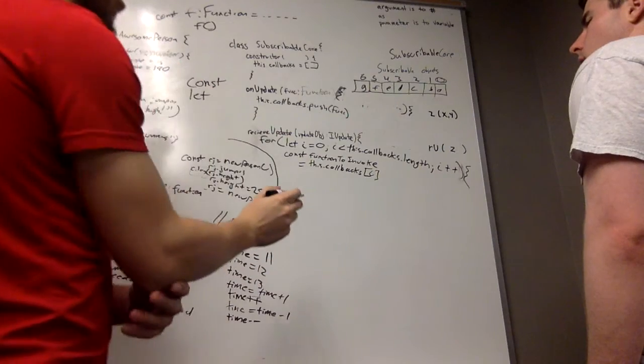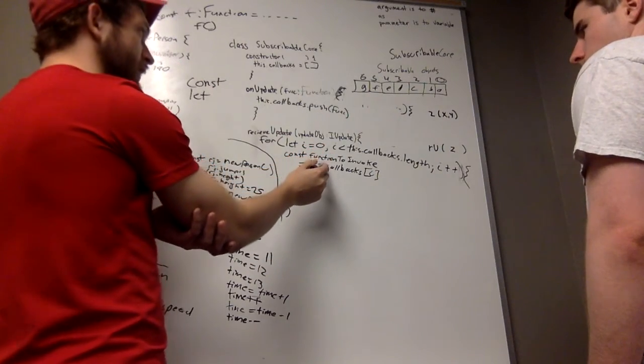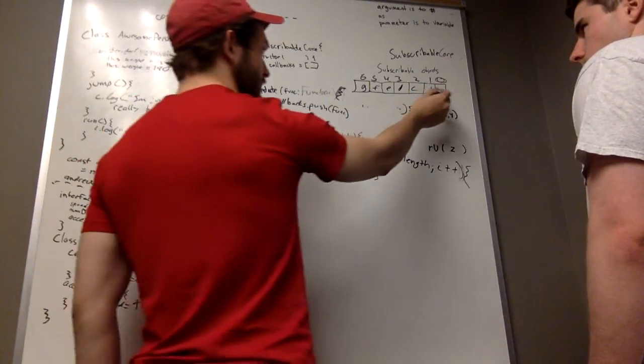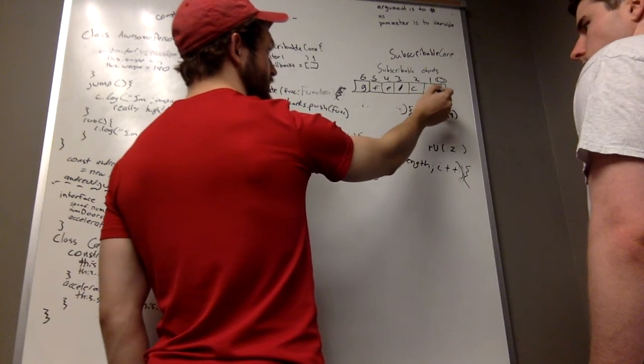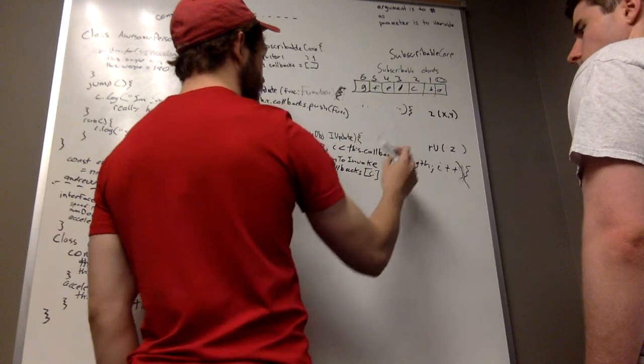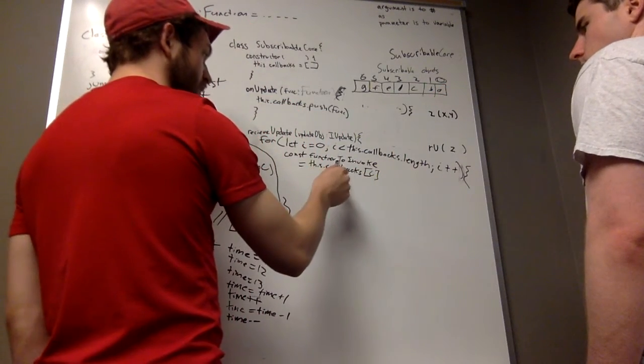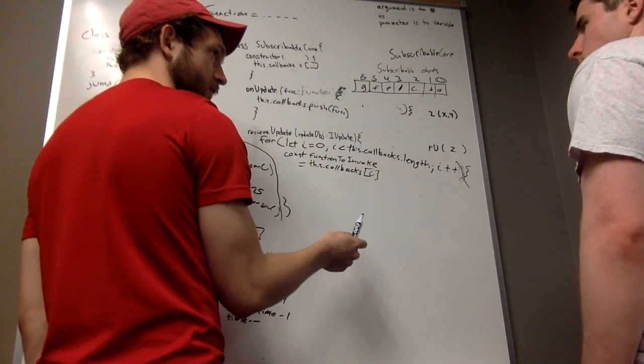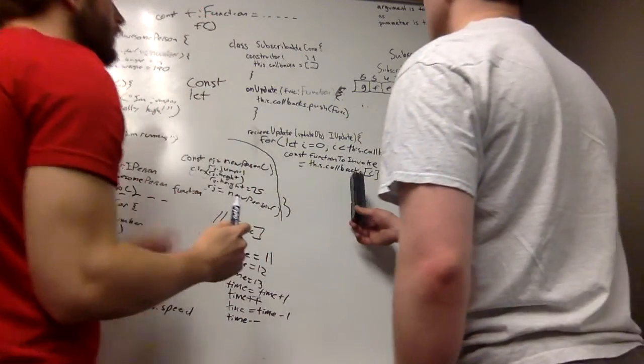So what this means is we just retrieved the 0th function. That function was called A, and we set that function equal to the variable called function to invoke. So it comes from here.